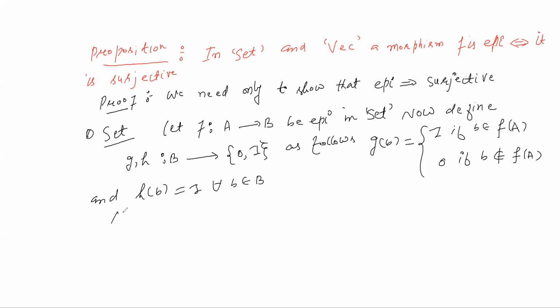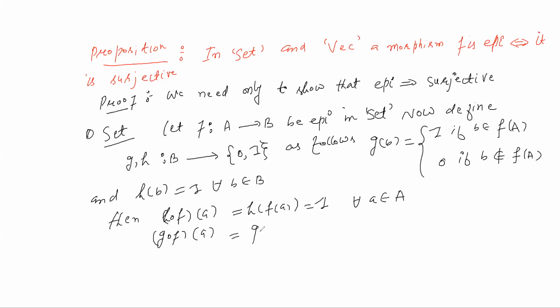Then if you see h composition f of a for any a in A, it is h of f of a. Now see here, h is sending every element to 1, so it is 1. So h composition f of a is 1 for all a in A. Now g composition f of a is g of f of a.